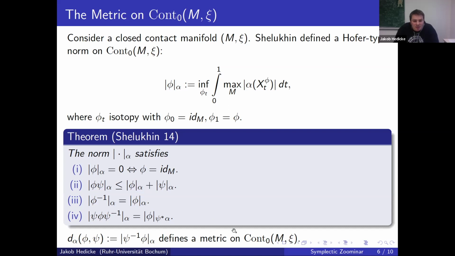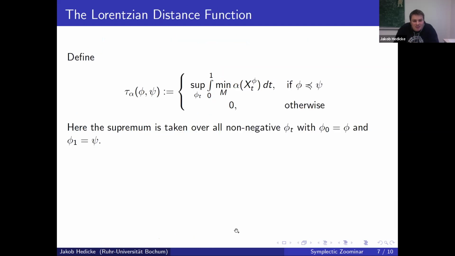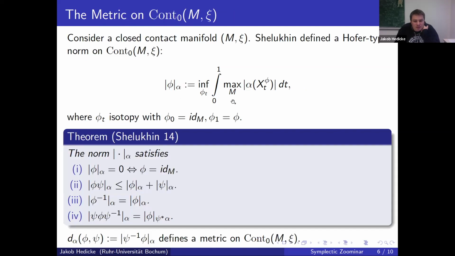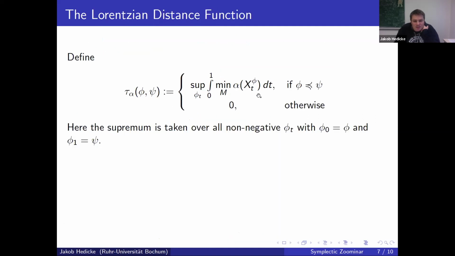Okay, so now we have our metric, and what is missing is the Lorentzian distance function. In a similar way to this Shelukhin-Hofer metric, one can define a Lorentzian distance function by looking at the supremum over all non-negative isotopies which connect two given contactomorphisms, and instead of the maximum or the L infinity length, we look at the minimum of the contact Hamiltonian.